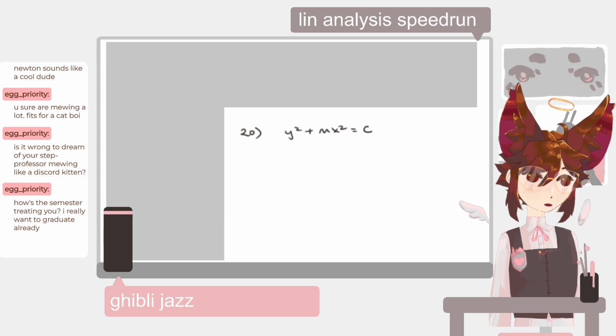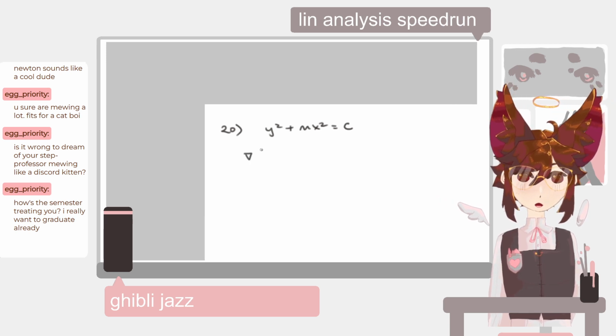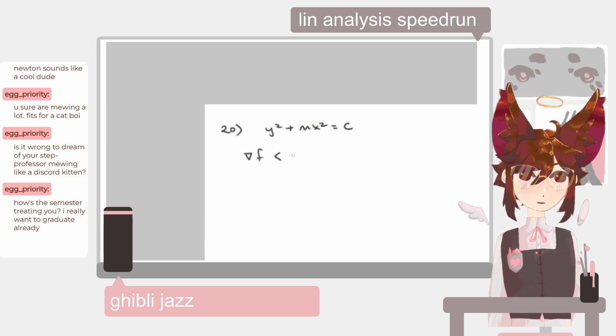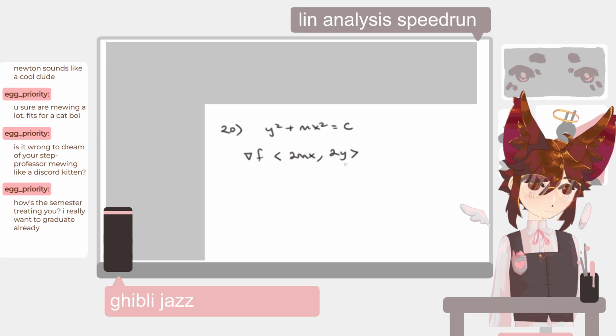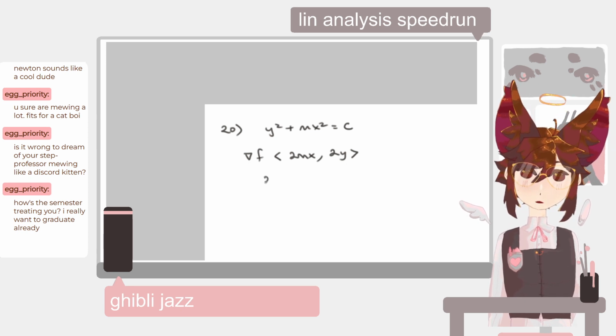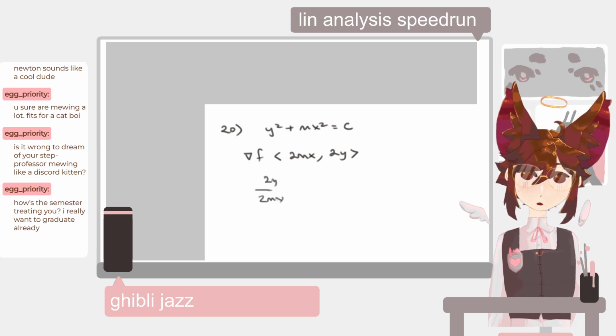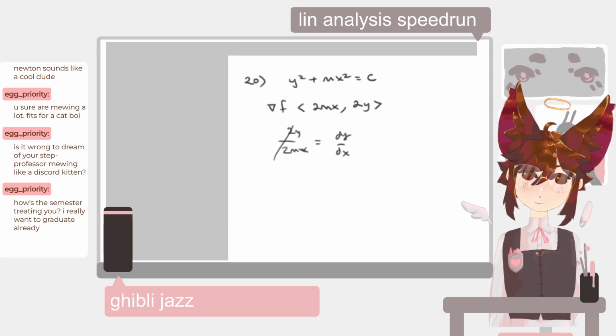This is already in the form that we want, which is great, so we can just gradient this bad boy. And then we just do 2y over 2mx. These cancel. Equals y prime, so dy dx.